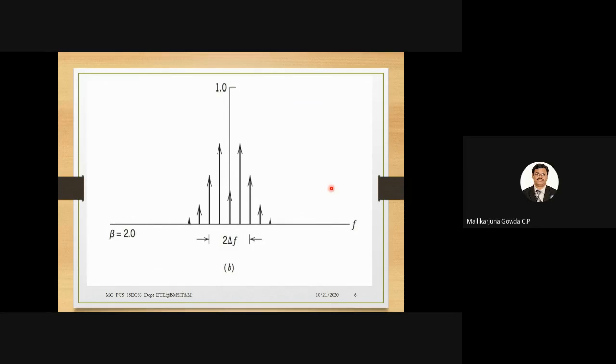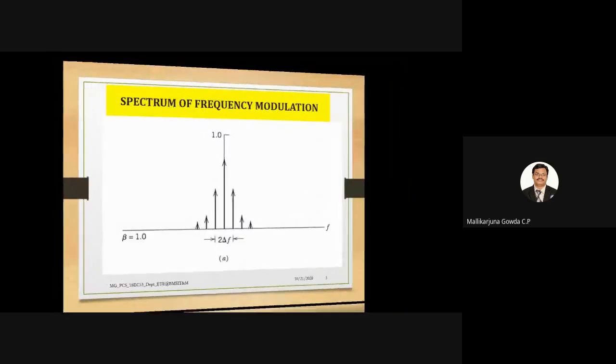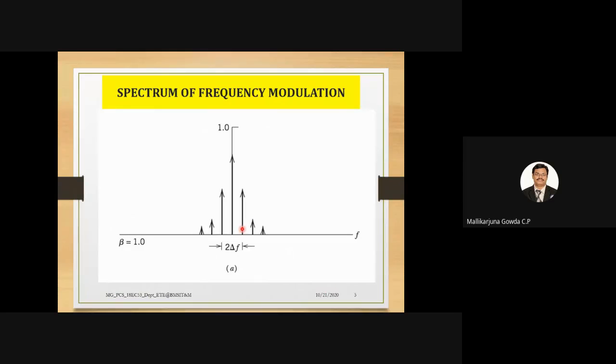Could you find that the number of side frequencies increased or not? Then about this 2 delta f, how much is it when compared to the previous one? In the previous one, how many sidebands did you take? It is only one pair of sidebands, right?